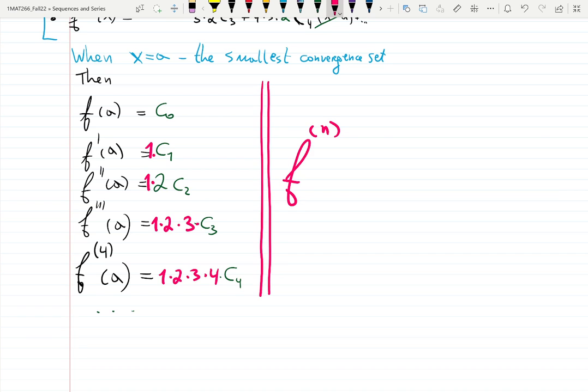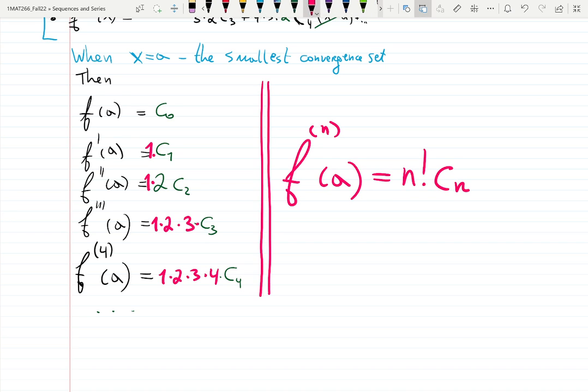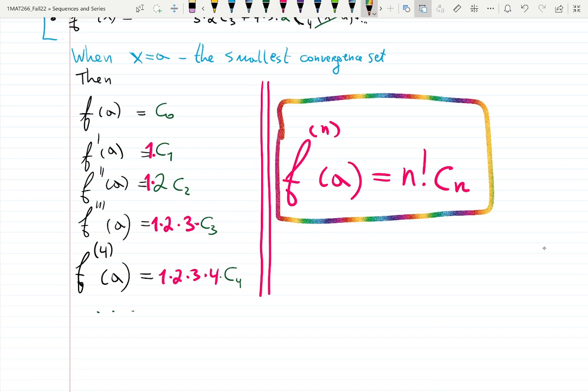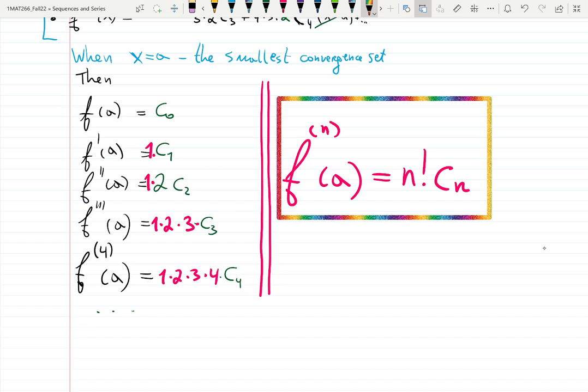The nth derivative at a equals n factorial times c sub n. This is very important. Of all mathematics that ever existed, this is definitely on one of the most important lists. So n should be a counter. The counter starts from 0, then 1, then 2, and keeps going forever.